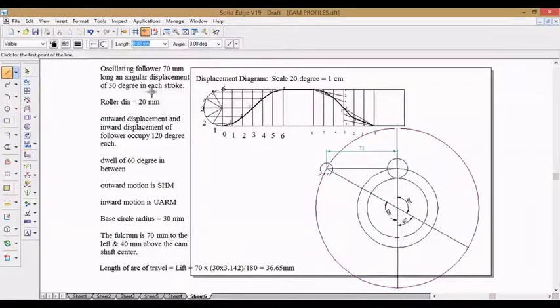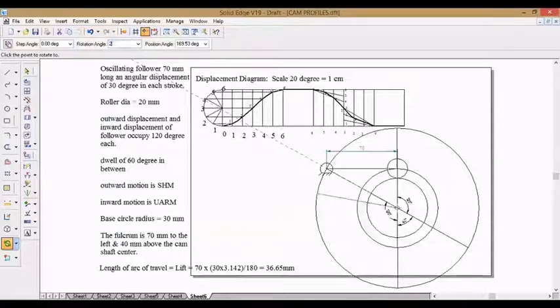So take this 120 degree line and divide it into 6 equal parts. That means every 20 degree you take.